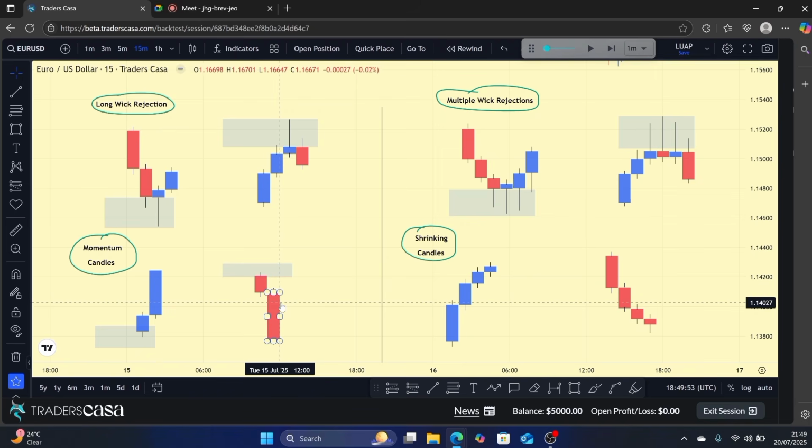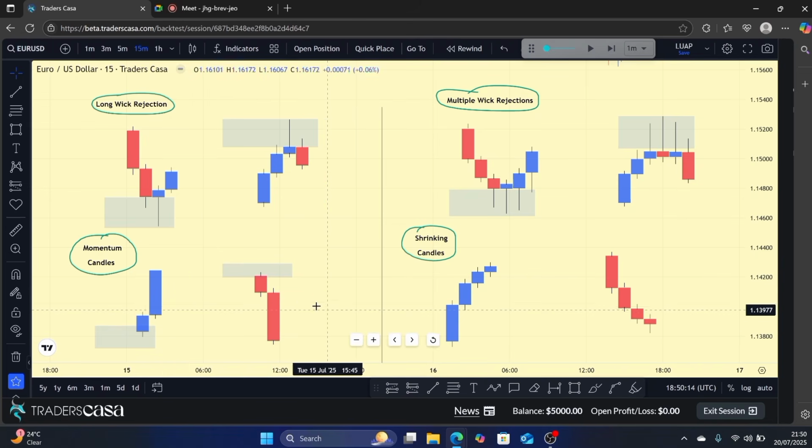Then price prints this candle with big body size showcasing strong momentum to the downside. That's when, on the closure of this candle, you will take your entry to the bearish side. All right, so that's the momentum candles.